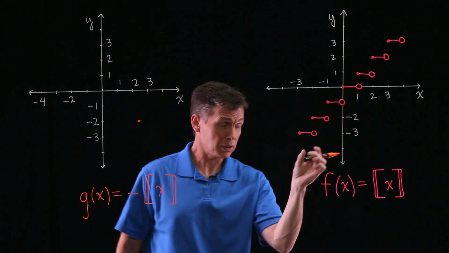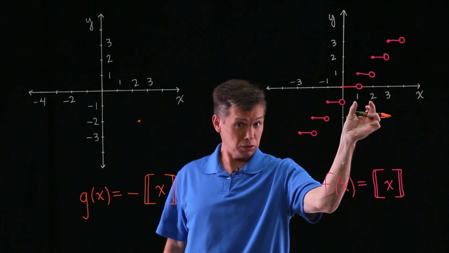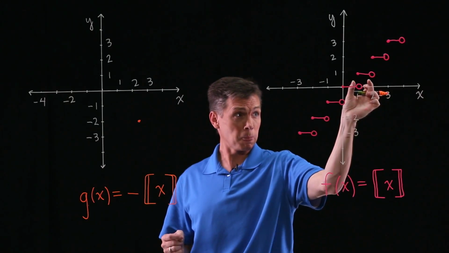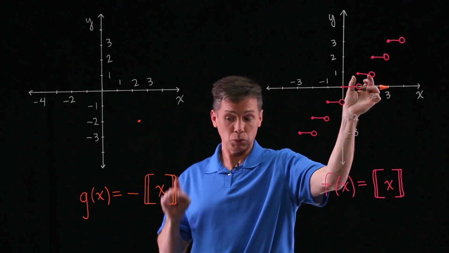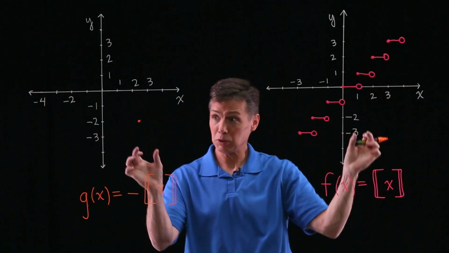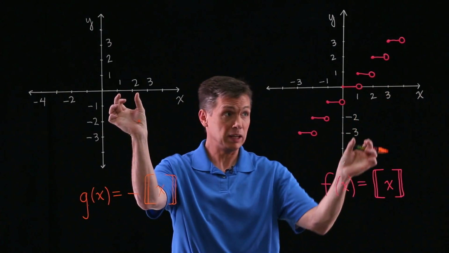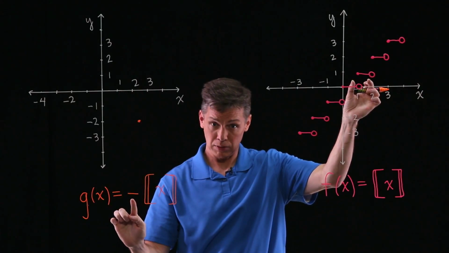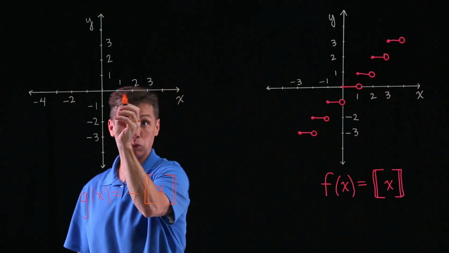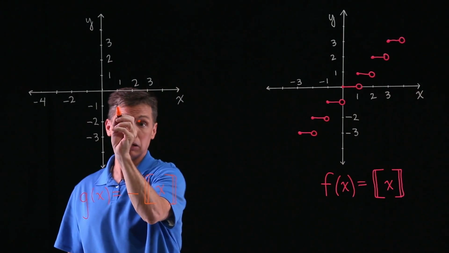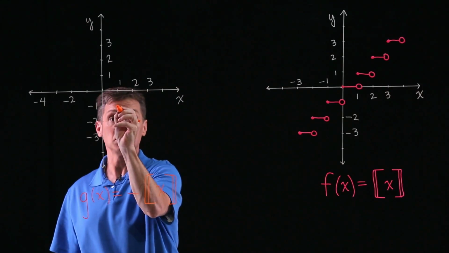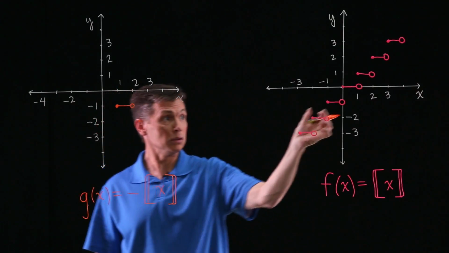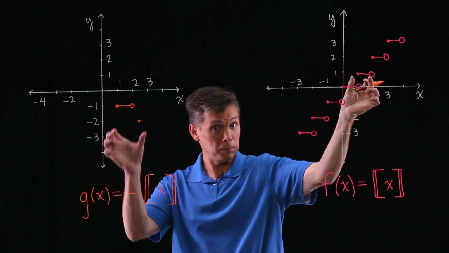So for instance, let me grab this interval from 1 to 2. 1 to 2 on the x-axis. What are the y values? Positive 1. So what our g of x is going to do between 1 and 2 is take those y values of positive 1 and make them negative. So I'm going to be over here between 1 and 2 on the x-axis. I'm going to be down at a negative 1. And I even want to do that same closed circle, slide over, open circle, which is that piece right there, but negated.